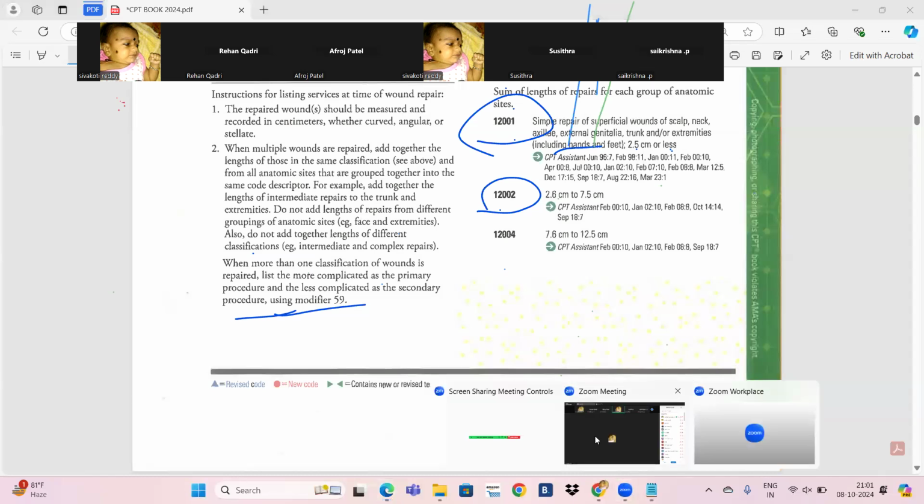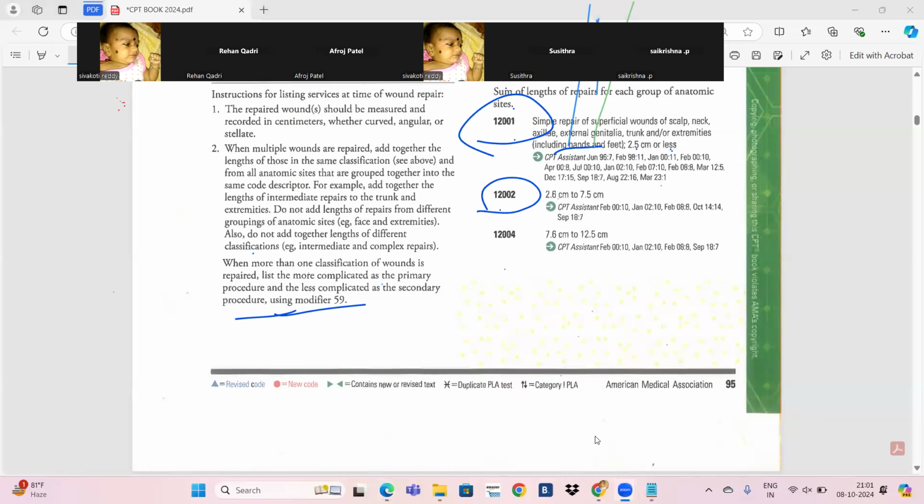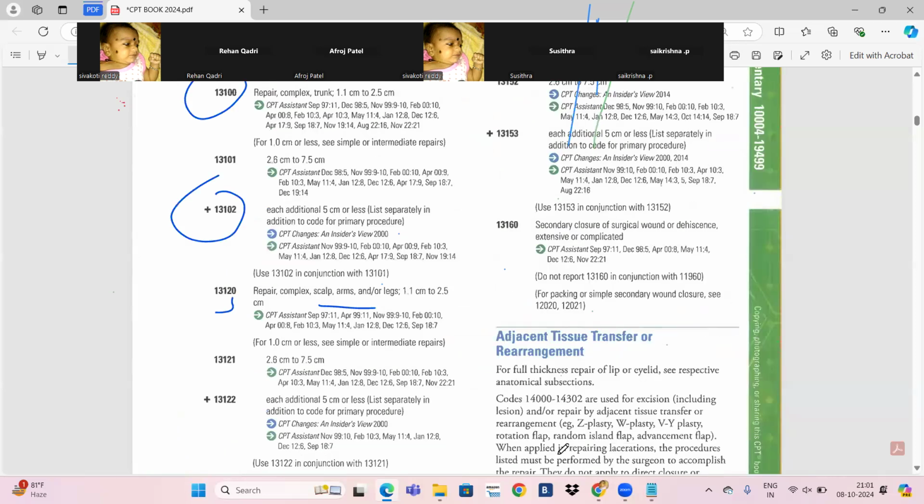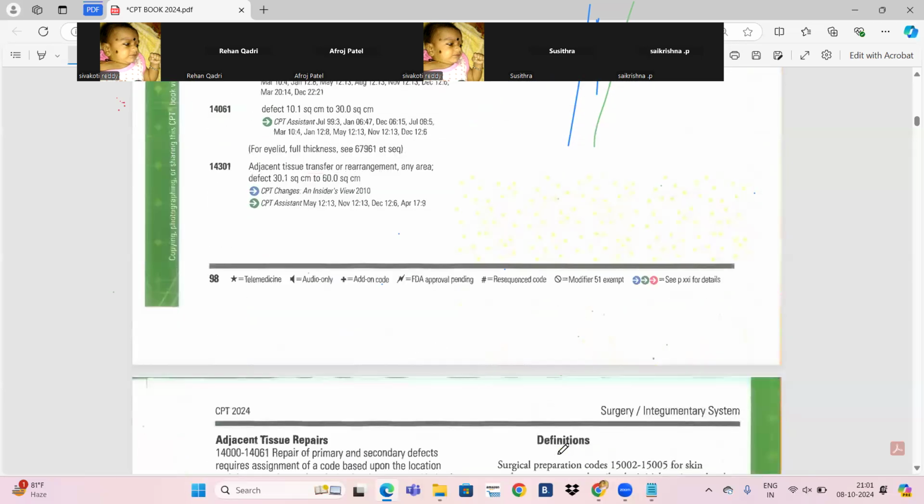Based on that, you will get a code. These three concepts you will get from chapter 1, guys, like surgery section 1.